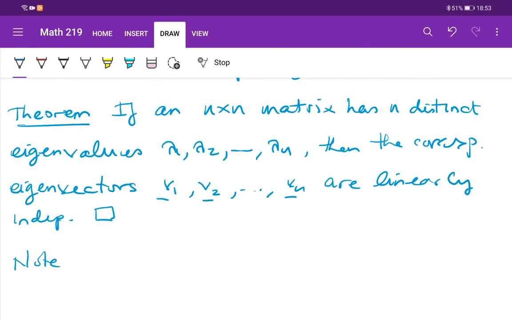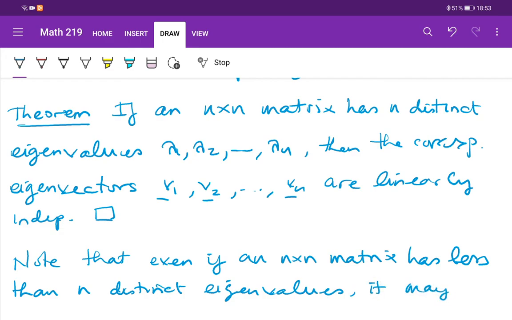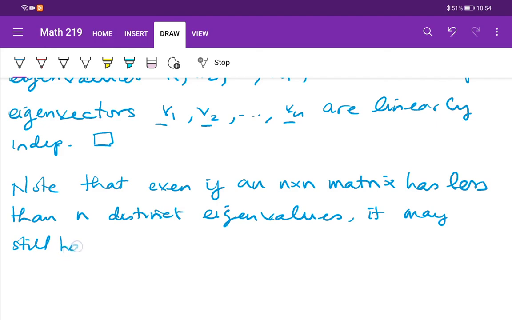Note that even if an n by n matrix has less than n distinct eigenvalues, it may still have n linearly independent eigenvectors.